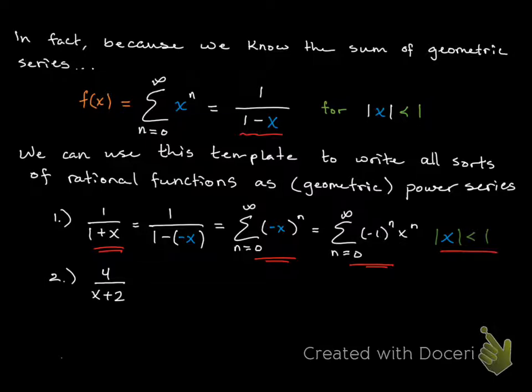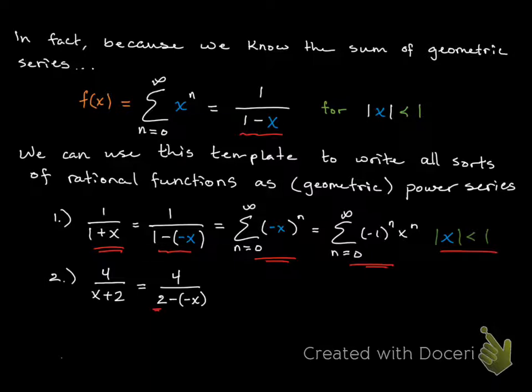Really what we need to see is something like 1 minus the common ratio in the denominator. So I'm going to move around this denominator a little bit and rewrite it as 2 minus a negative x. Okay, I'm almost there. The only thing else that needs to happen is that this 2 can't be a 2, it's got to be a 1, right?